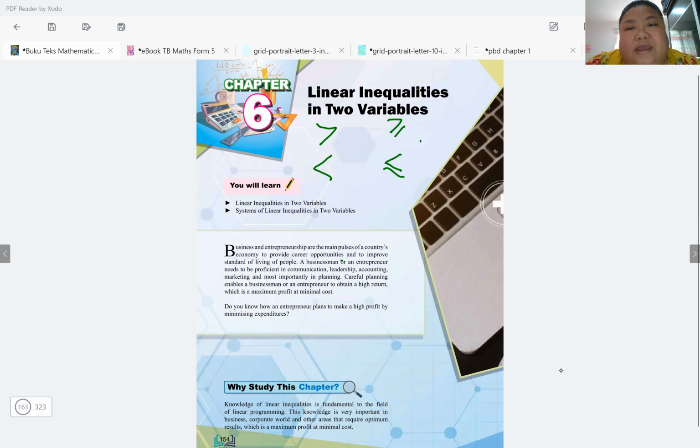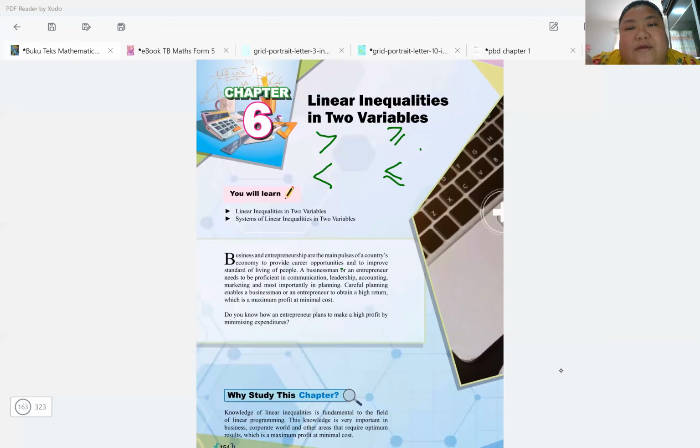Let's say, for example, we have y is greater than 2. It means that the value of y does not include 2, but starts from 3, 4, 5, 6, 7, and so on. If it says y is greater than or equal to 2, it will include the number 2, so the value for y will be 2, 3, 4, 5, 6, 7, 8, 9, 10, and so on.